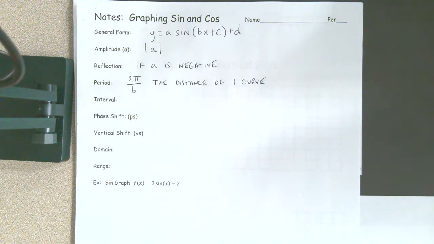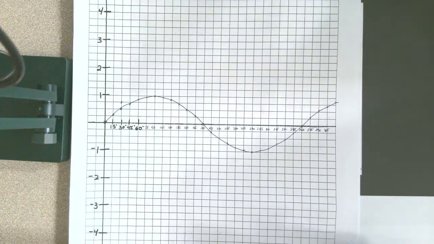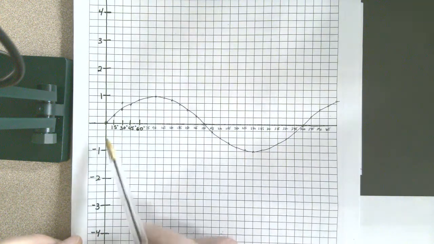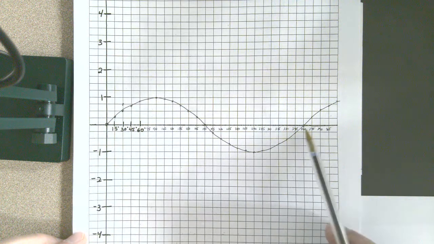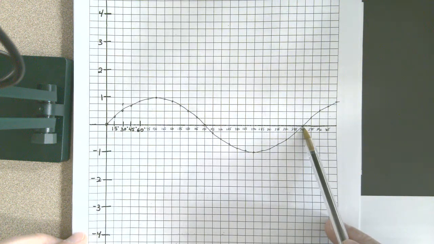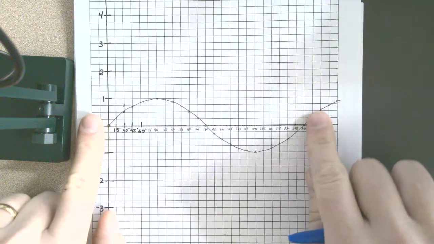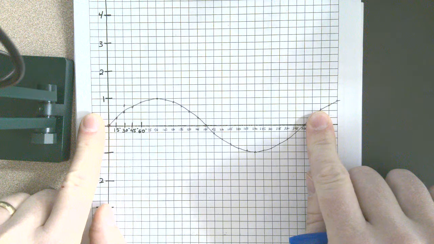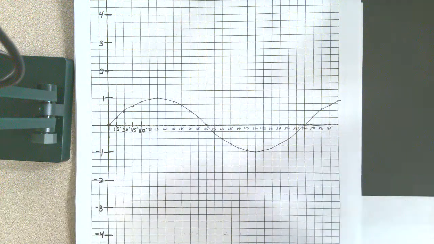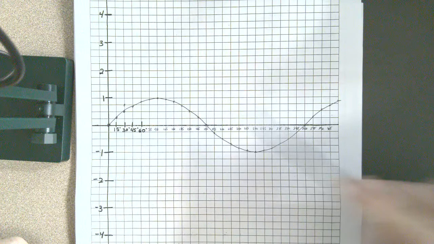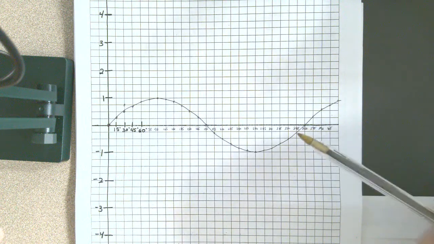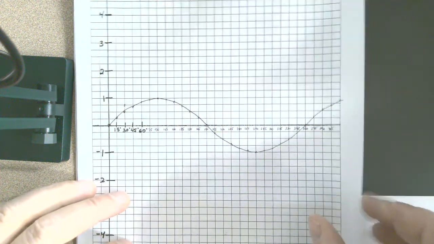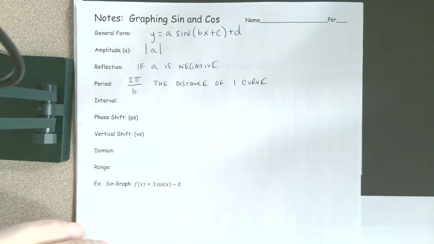So again, as I'm referring to the sine curve here, in this picture, the distance of one curve goes from 0 all the way to 360. So that would be one curve. And when we start making our graphs, we're going to make 2 curves. So we also know that 360 is 2 pi. If you remember back before break, we were talking about the unit circle.